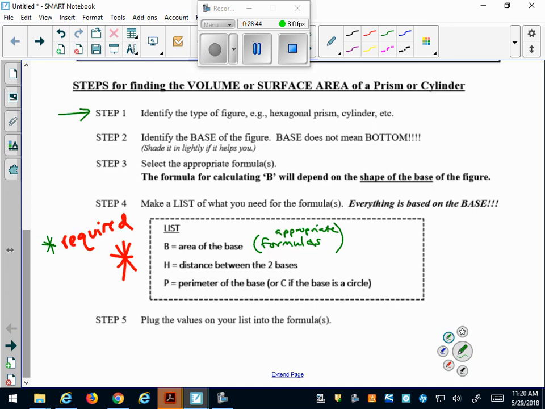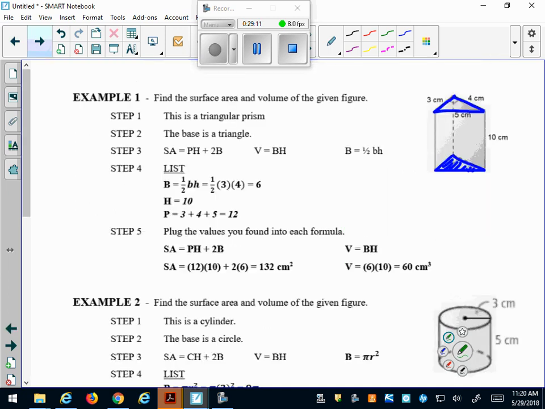You have to show those three values separately, listed like this. Okay? That serves two purposes. First of all, you'll make less mistakes. Second of all, if you do make a mistake, we can find exactly where your mistake is. Okay? Which is super important if you ever want to get partial credit on tests.